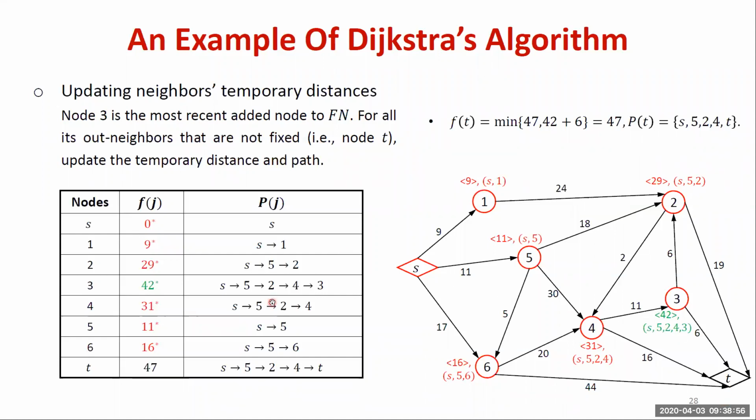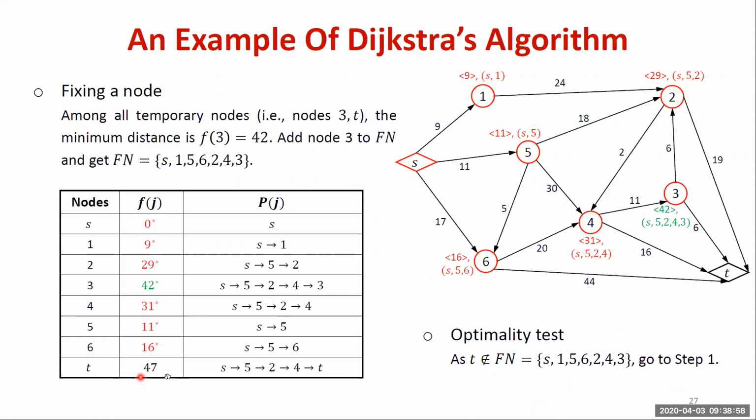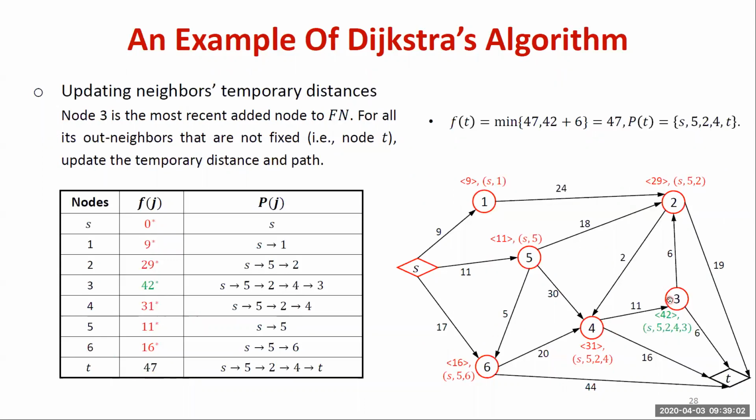And node T in the previous iteration, we have what? We have the shortest distance is 47, right? In the new path, we're going to first go to node 3, which is 42. 42 plus 6 is 48. Be careful. This time the new path is greater than the previous path.